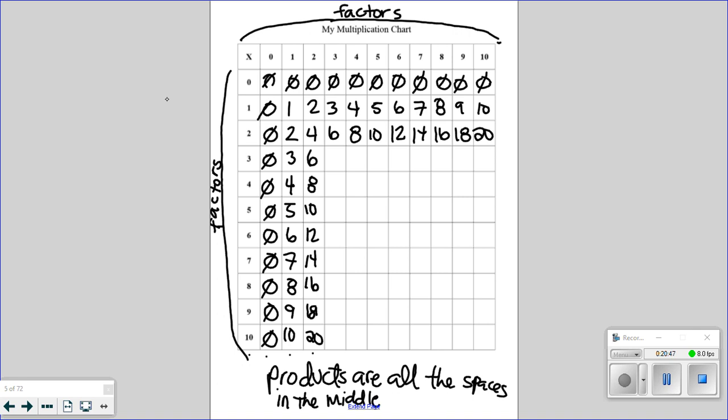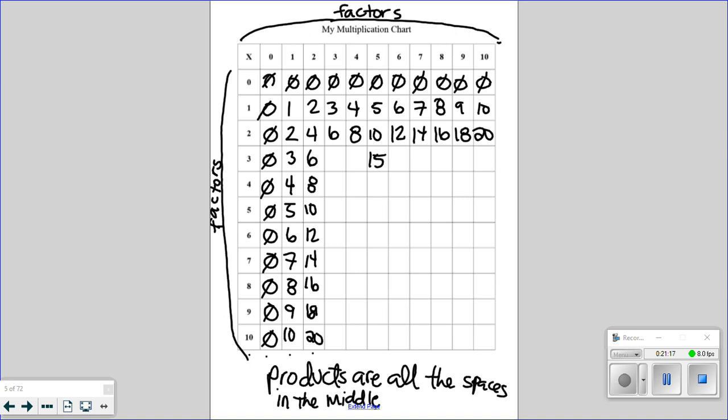Not a trick question. Okay. Fives. Put your finger on the 5. We already know 5 groups of 0. What's 5 groups of 0? 0. We already know 5 groups of 1. We already know 5 groups of 2. 10. What about 5 groups of 3?